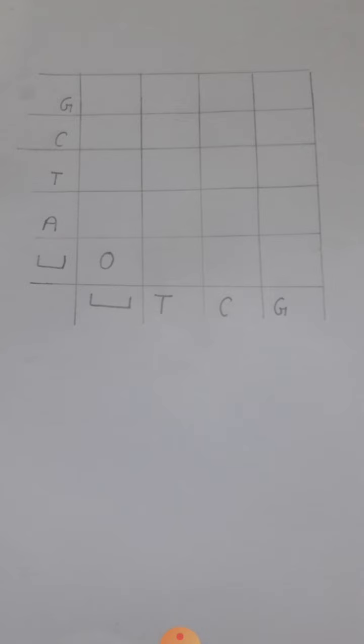So we put 0 in the very first box, and then we have to insert the gap value in the boxes. We assume the gap value as -2, the match value as +1, and the mismatch value as -1.